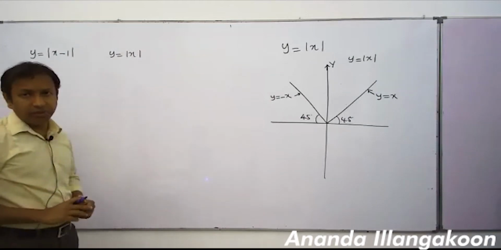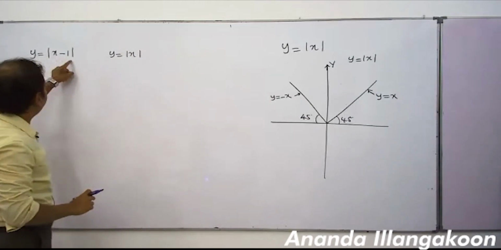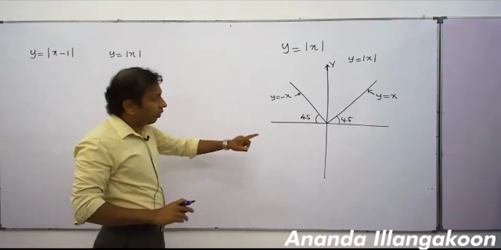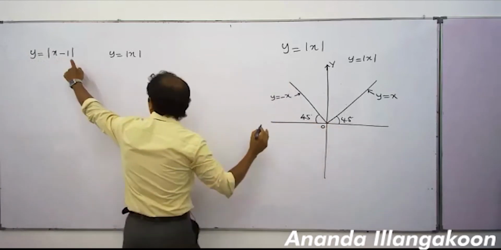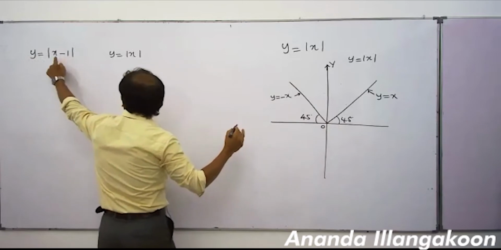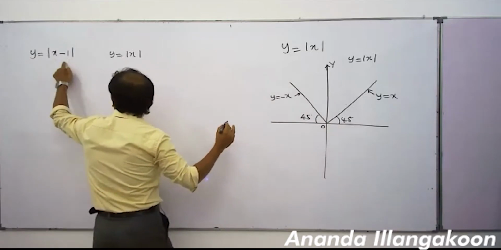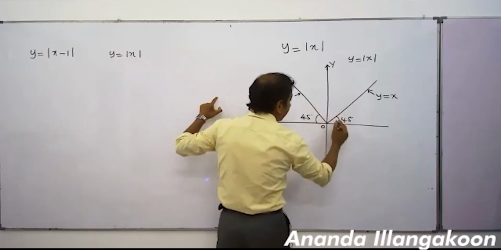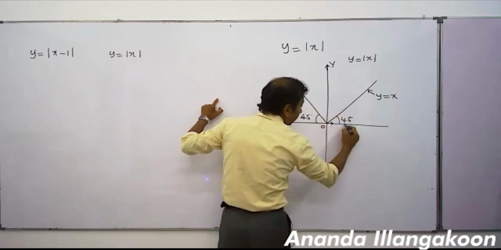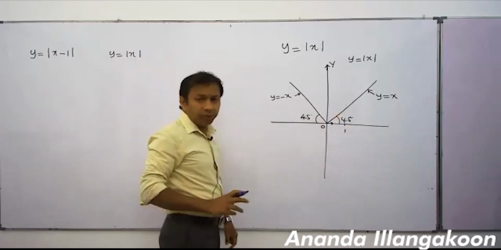In that case, remember the way of drawing this graph: the mod x graph, here it is 0 now. Since 1 is subtracted from x, the graph can be obtained by shifting this graph to the right by 1 unit like this.